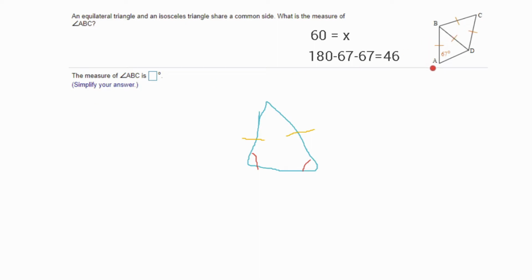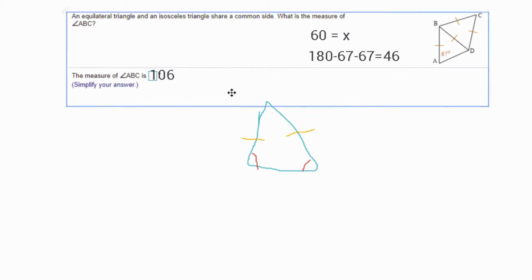So we take angle ABD and add it to DBC, which is the same thing as saying 46 plus 60, this angle right here plus this angle right here. 46 plus 60 is 106. So therefore angle ABC is 106.